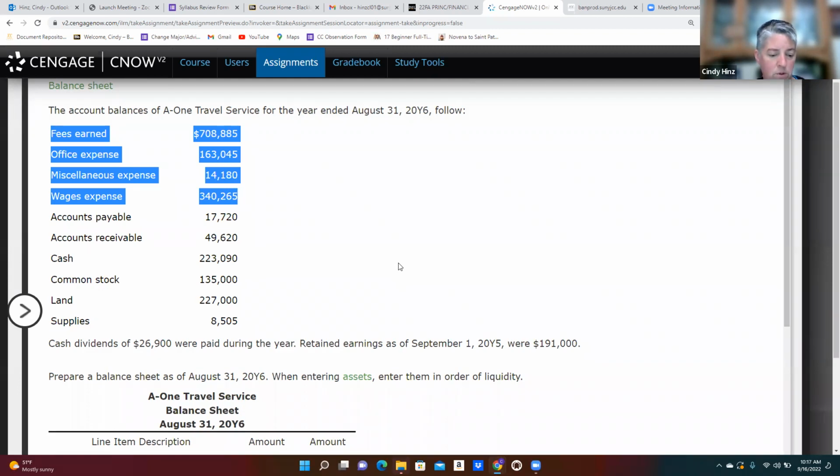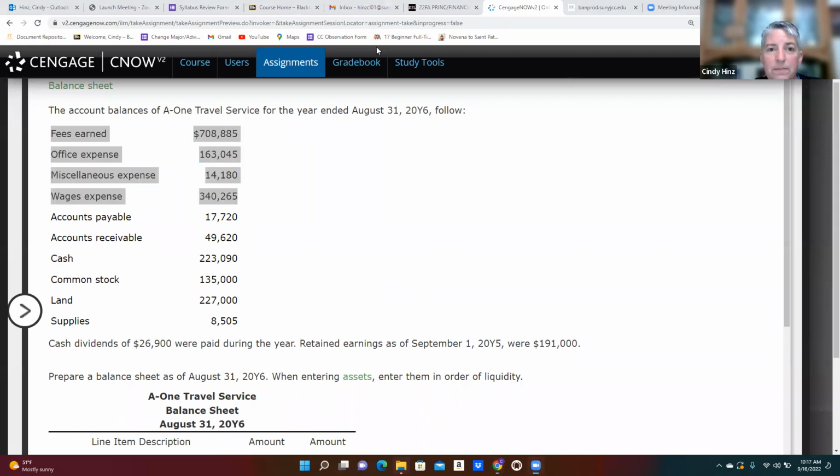And when I take the revenues and subtract the expenses, I got net income, because our revenues were higher than our expenses, net income of $191,395. Okay, so that's one way to approach this.